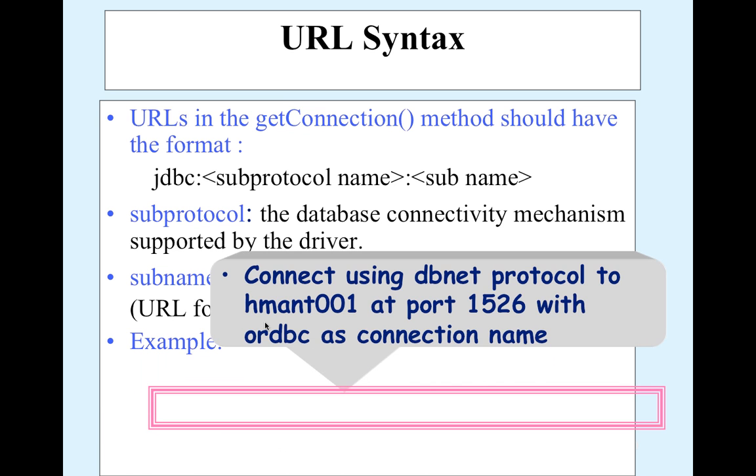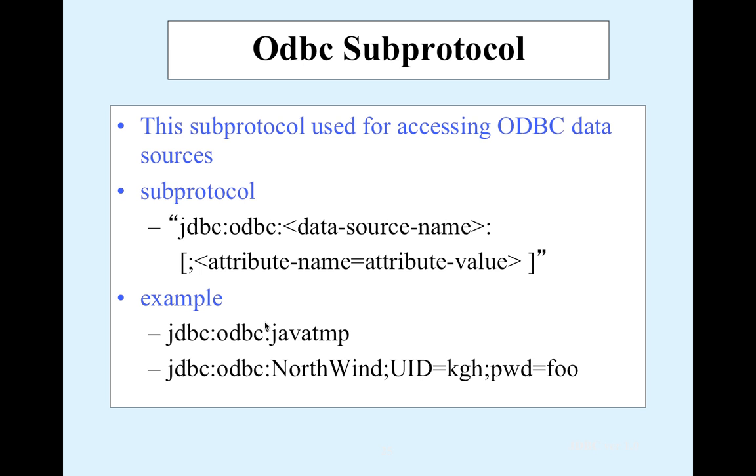An example is jdbc colon odbc if you are using a type 1 driver, with a database name such as Northwind, a user ID and a password, which you have to pass.